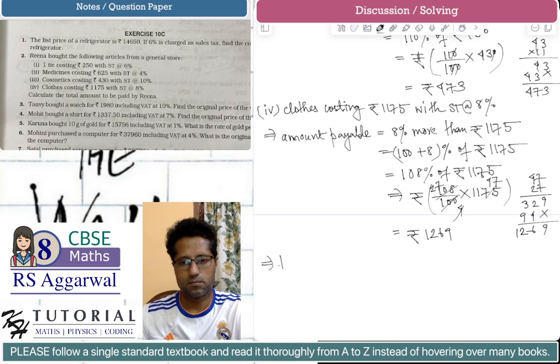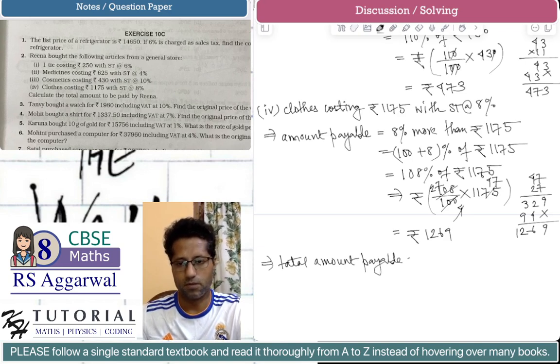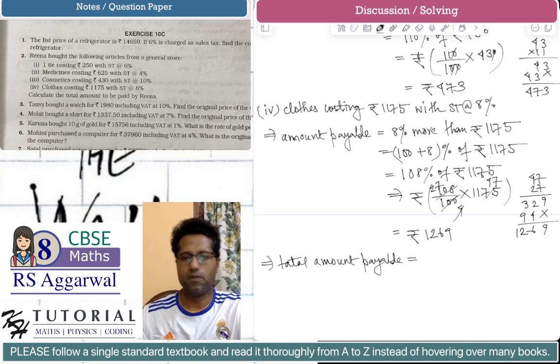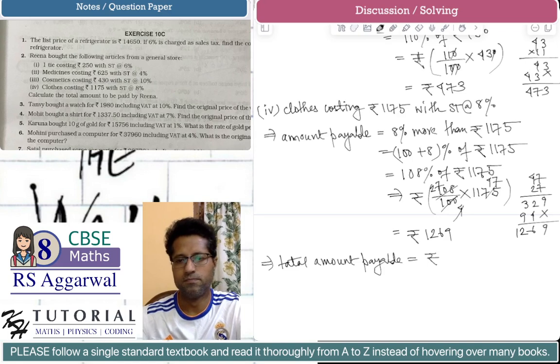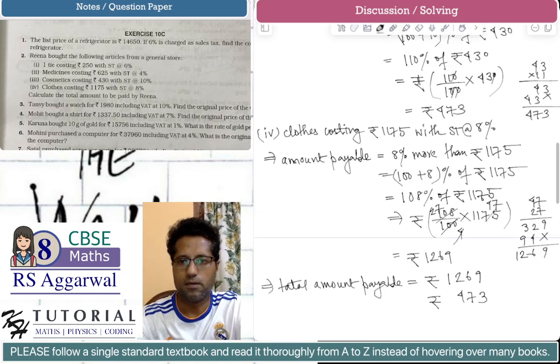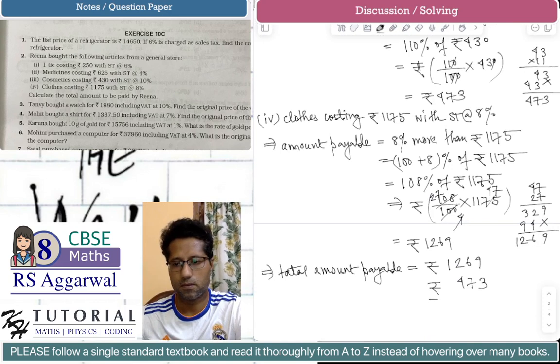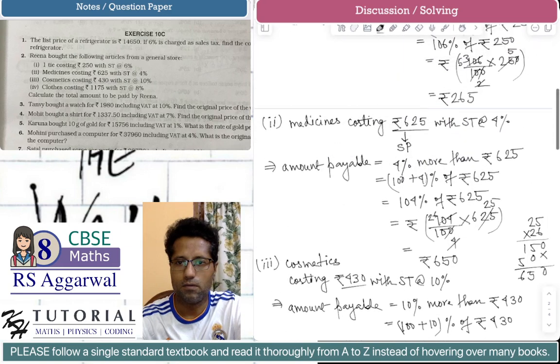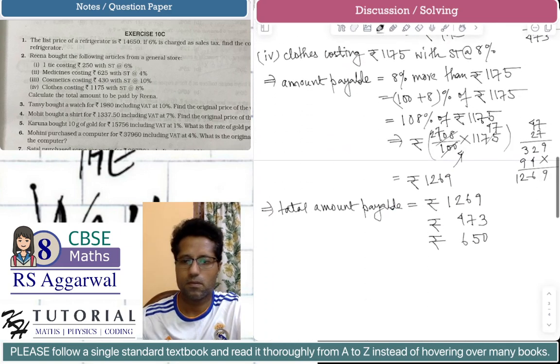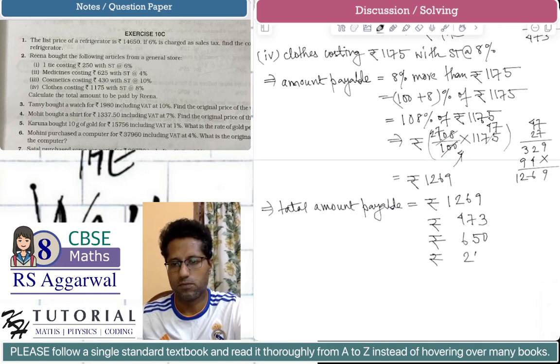and hence the total amount payable will be the sum of all the amounts payable for all the items, which is 1269, then rupees 473, then we have 650, and then we have 265.